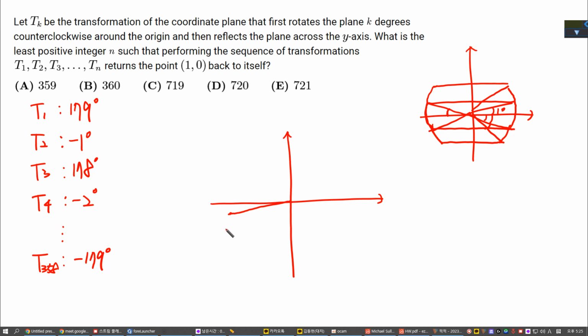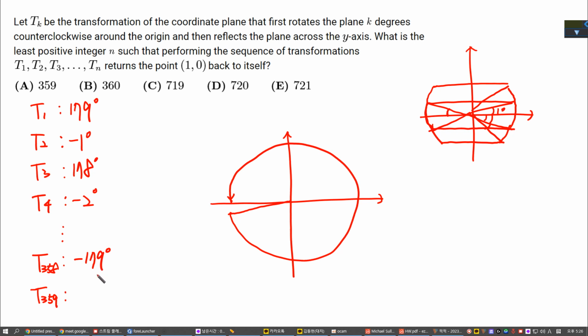And then for T of 359, we are going to add this 359 to 179. Okay, so that makes we are making this rotation.